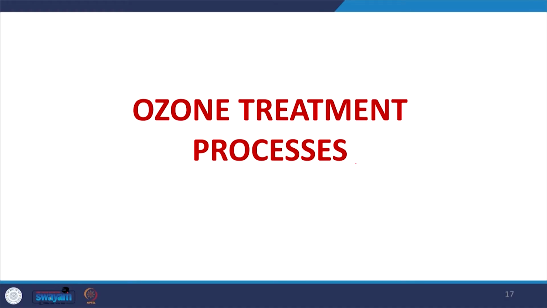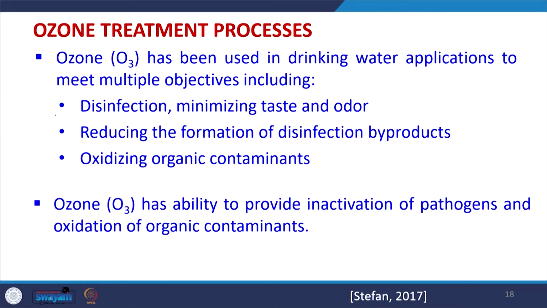Now, we will go further and study another AOP technique, which is called the ozone treatment process. In the ozone treatment process, ozone is used in drinking water applications to meet multiple objectives. It can be used for disinfection and for minimizing taste and odor.